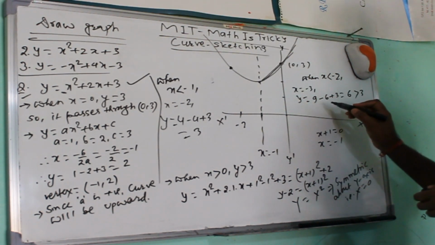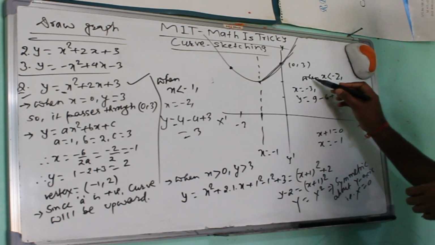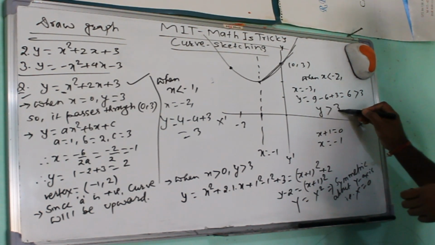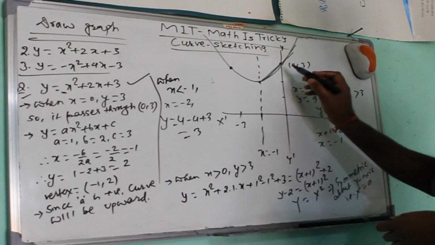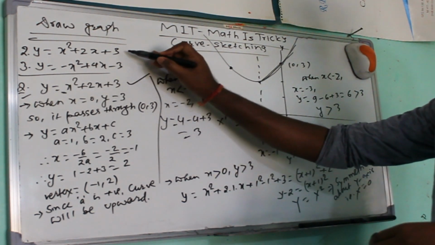So when x is less than minus 2, y is greater than 3, so it is going up. Okay, so this is our graph for y equals x square plus 2x plus 3.